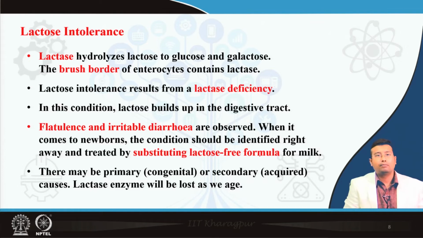What is the symptom? Lactose generally is in milk, okay, milk products. So whenever an individual affected with lactose intolerance takes any milk or dairy product, instant diarrhea happens, flatulence, there is projection of gas, there is bloating in the stomach, there is watery diarrhea. Why?